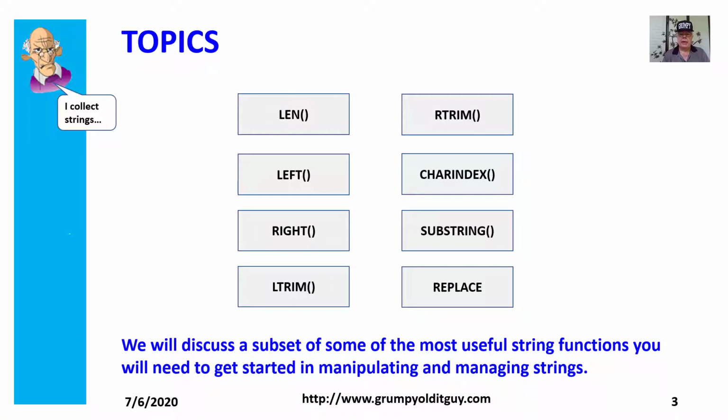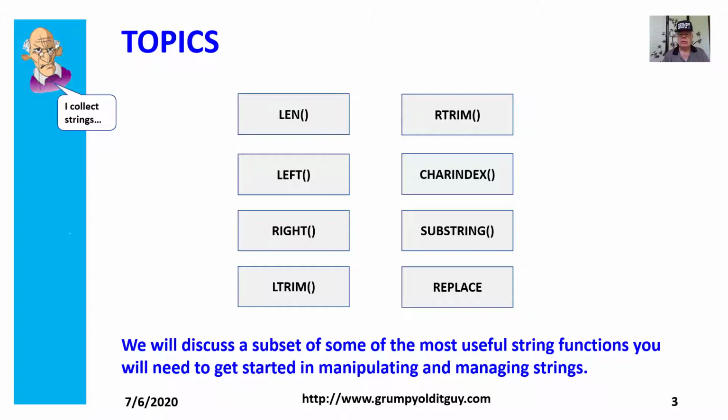Okay, let's get started. Now, string functions allow us to manipulate text strings. So for example, we can find out the length of a string. We can pull the leftmost characters from a string, and we can also pull the rightmost characters from a string. And then we can trim the leading or trailing characters of a string like blanks.